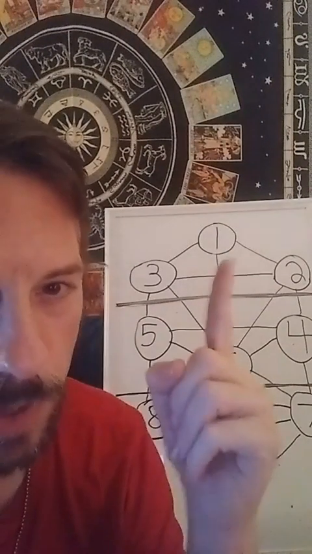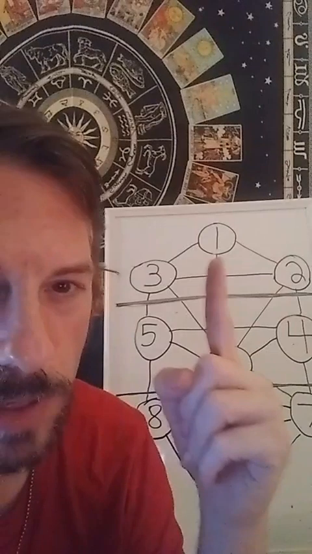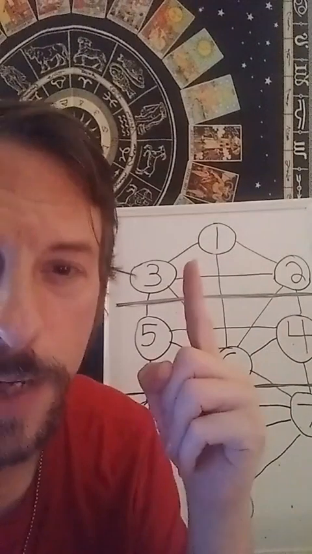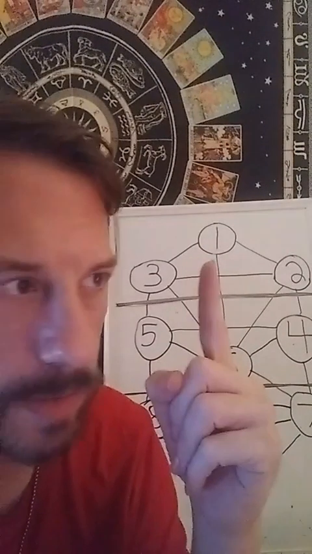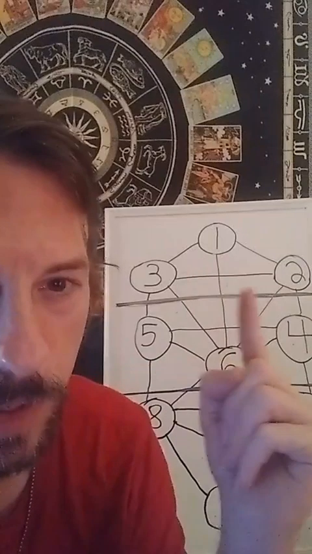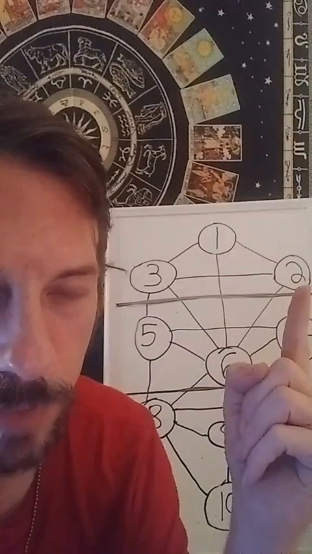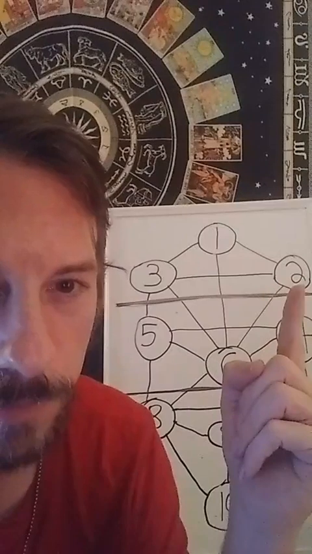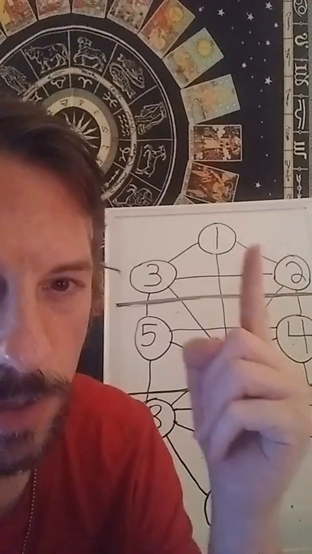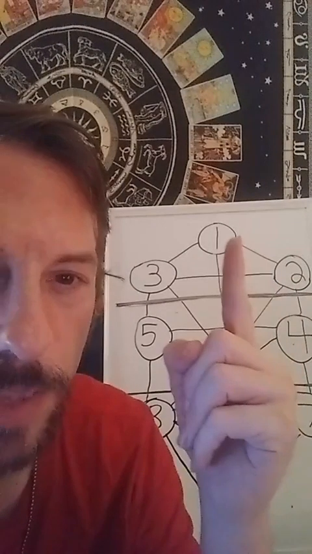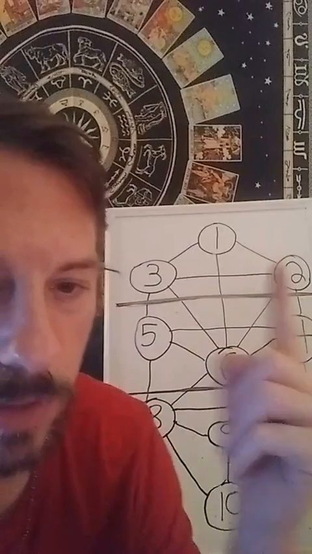For example, the number 1, Keter, represents the source of all things, unity, the ground of all being. 2, Chokmah, is a rush of energy. It is inspiration. It's often referred to as the Father. This is at such a high level. This is just the beginning process of creation.